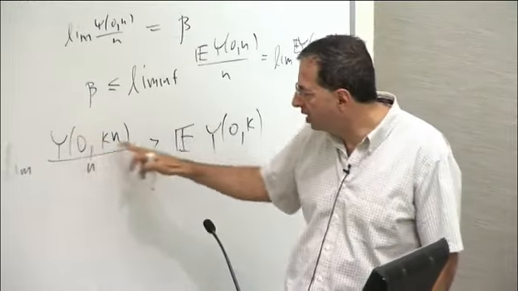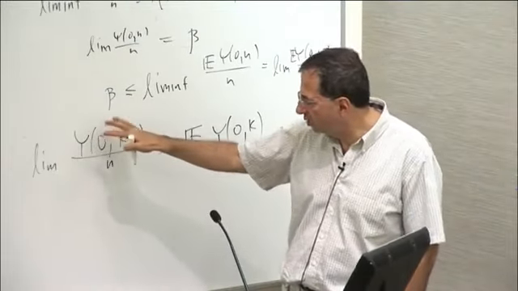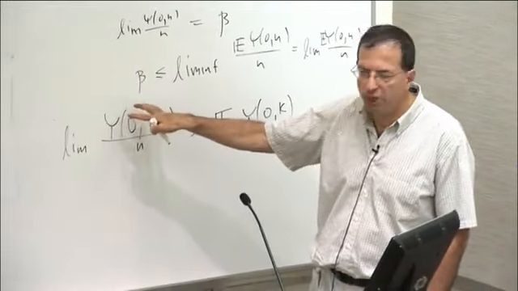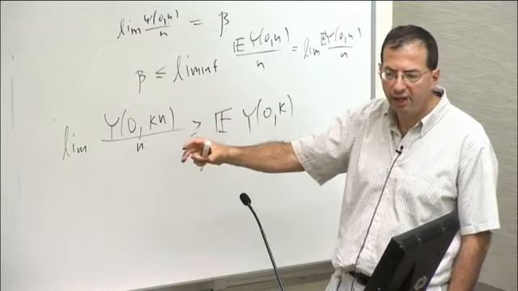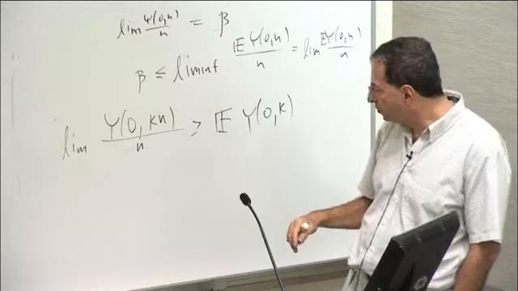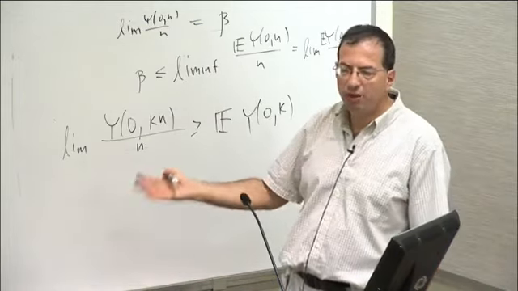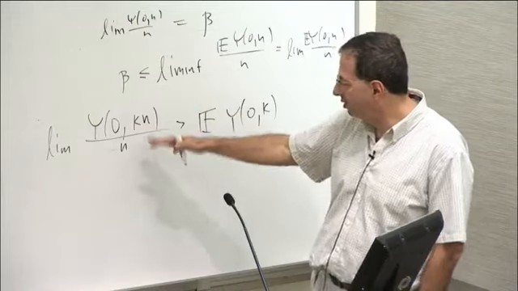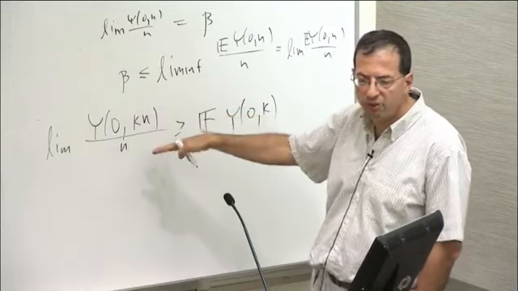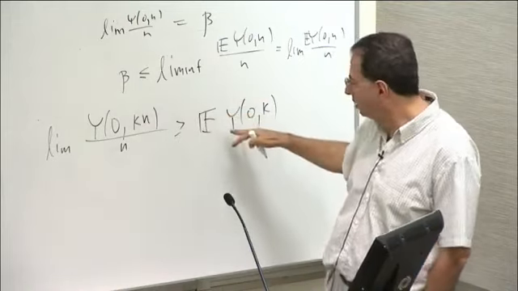Because just from the superadditive inequality, you can break this up into a sum of n summands each on intervals of length k. And then for these summands, you apply the ordinary ergodic theorem, and when you divide by n, you'll get this limit.